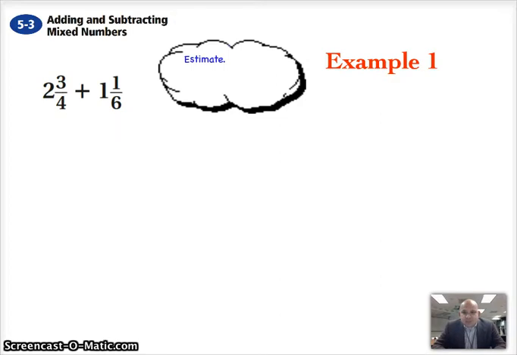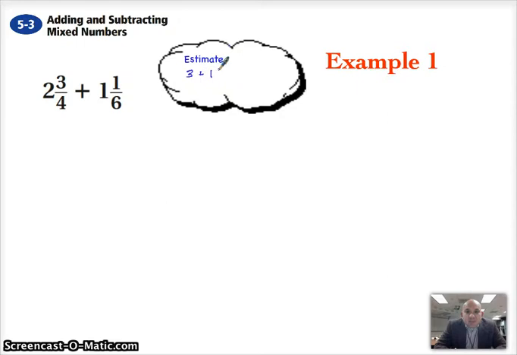The first example is a sum. You're looking at the sum of 2 3/4 and 1 1/6. First thing I want you to do is to estimate along with me. 2 3/4 is actually closer to 3 than it is to 2, because that 3/4 is almost a whole. 1 1/6 is closer to 1, because that 1/6 just takes us a little bit over the 1.